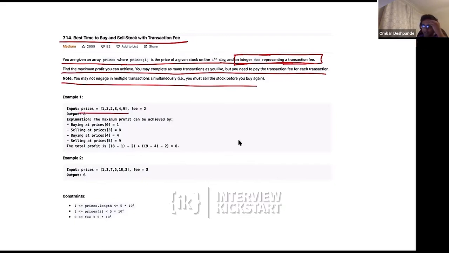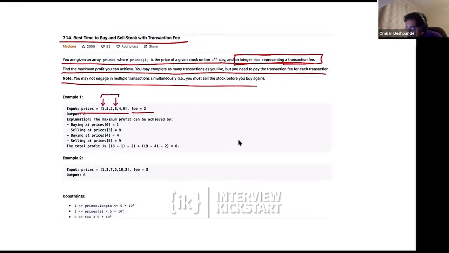If you look at this toy example, the fee is given to be 2. So if you buy on this day and you sell on this day, you would incur a profit of $7.